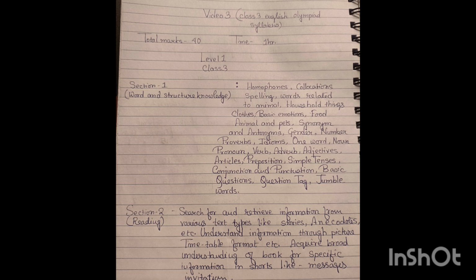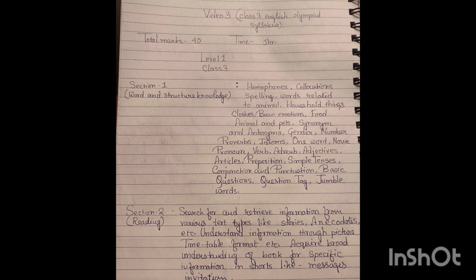This includes homophones, collocations, spelling, words related to animals, household things, clothes, basic emotions, food, animals and pets, synonyms and antonyms, gender, number, proverbs, idioms, one word, noun, pronoun, verb, adverb, adjective, articles, preposition, simple tense, conjunction and punctuation, basic question, question tag and jumbled words.